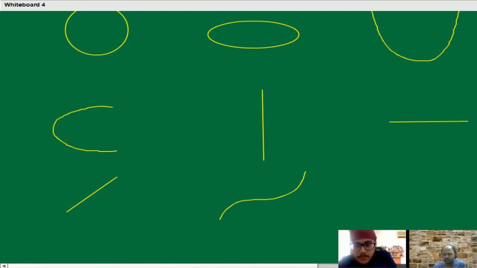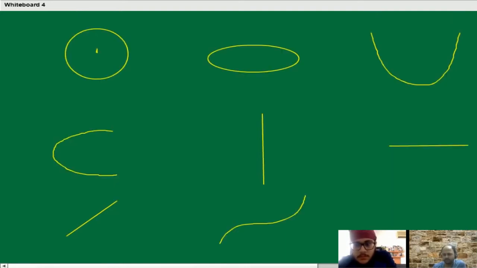Let me number them: this is number 1, 2, 3, 4, 5, 6, 7, 8. So there are 8 different graphs. Now what we need to do, Manu, is identify which ones represent a function. It's not that it can have only one answer. It can have more than one as well. So we need to identify.